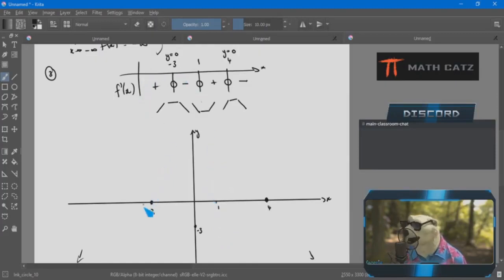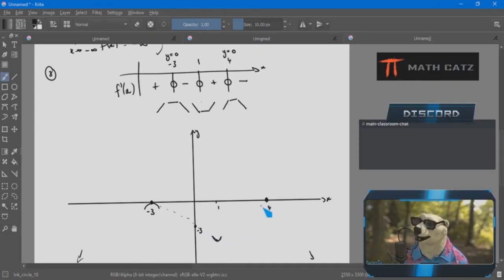The step 3 information tells me that I'm making a little crest as I pass through -3. At 1, I'm making a little cup, which, if I'm going to go down through this y-intercept, it's going to have to sit below it. So I'm going to put that point somewhere over here, and remember what happens there.